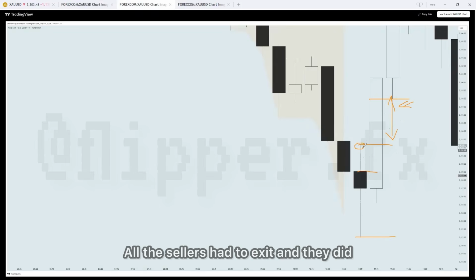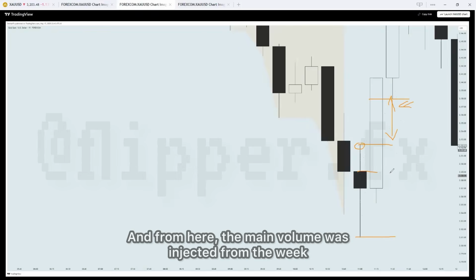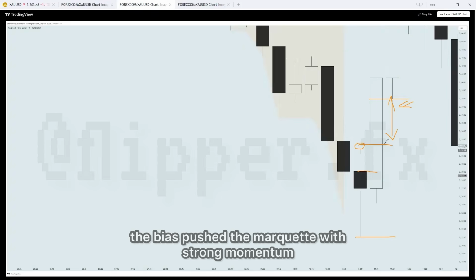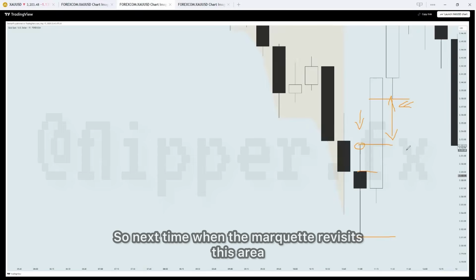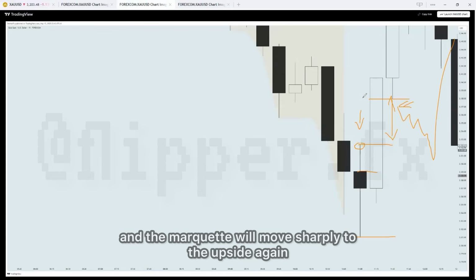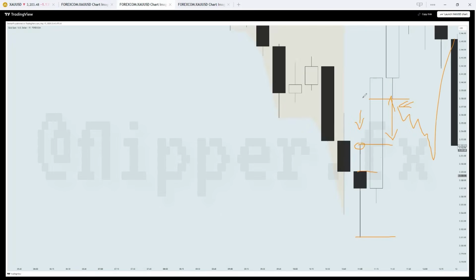All the sellers had to exit, and they did. And from here, the main volume was injected from the wick. After that injection, the buyers pushed the market with strong momentum. So next time when the market revisits this area, it will tap into the same order and the market will move sharply to the upside again.